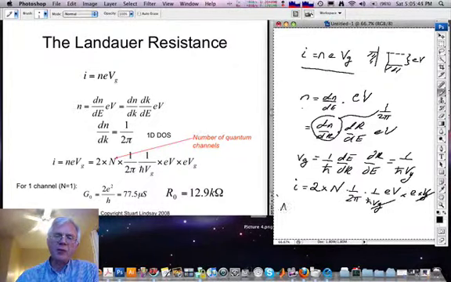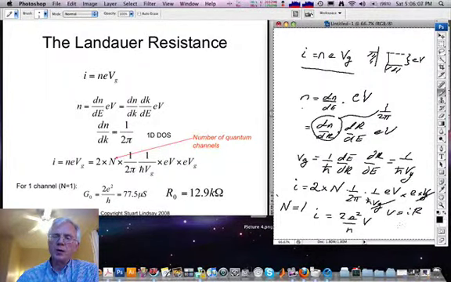So in the case where we have one quantum channel, like our STM tip, the current is just given by 2e squared over 2 pi h bar, which is just h, times V. So if we use V equals IR, or alternatively G equals I over V, we can derive the values for the Landauer conductance as 2e squared over h, or the Landauer resistance as h over 2e squared.